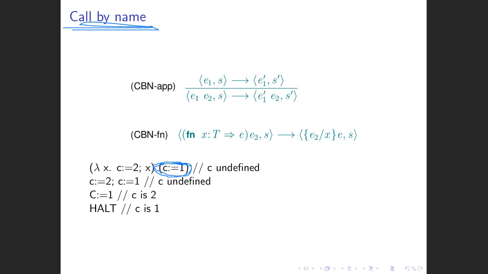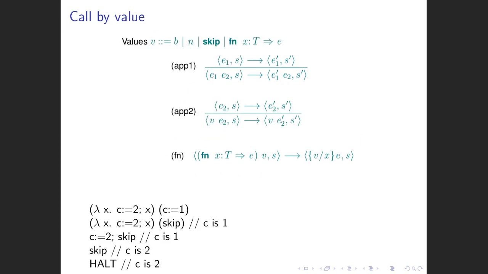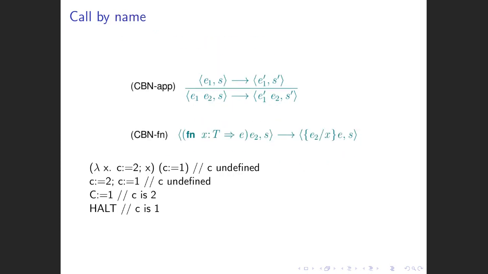Has anyone ever come across any other forms of function semantics? Call by name and call by value are the main ones. You might have heard of a few others in other languages. If you have languages with pointers, you'll come across call by reference, for example.